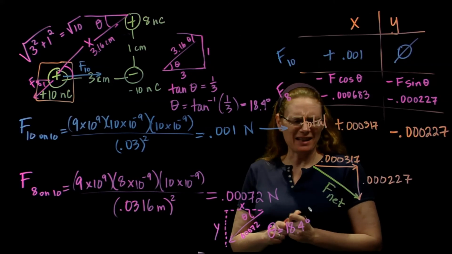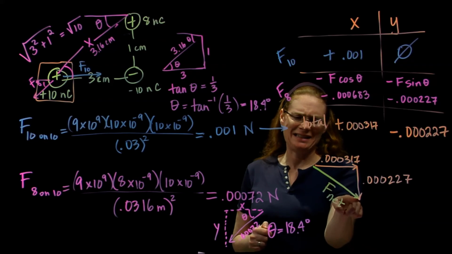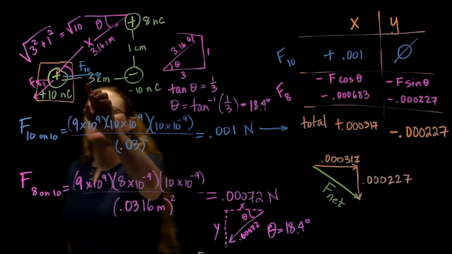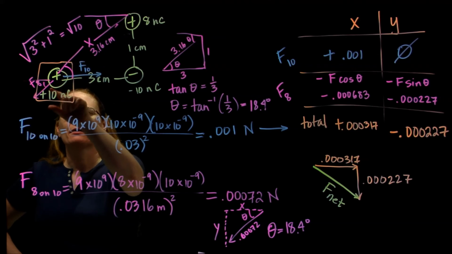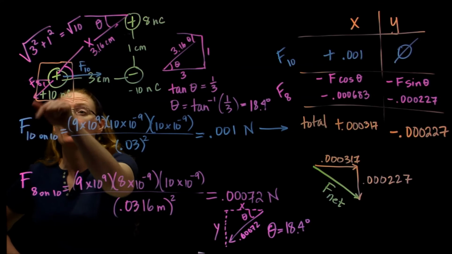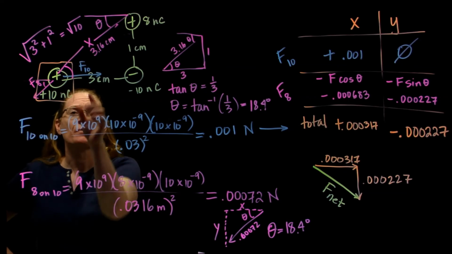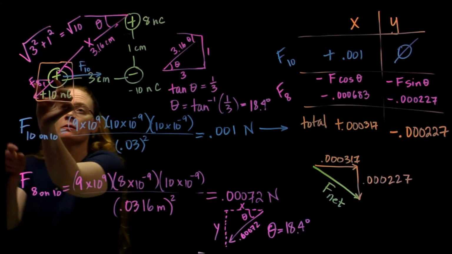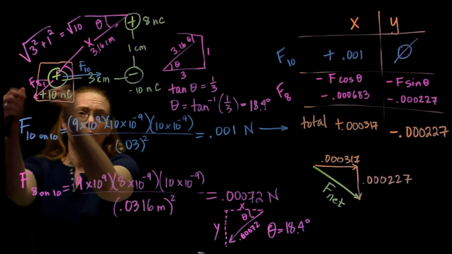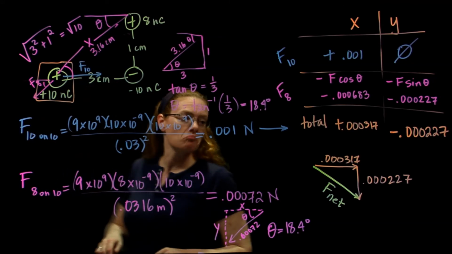Now, does it make sense that this is going to the right and down? Up, down I'll give you, because this doesn't do up or down, and this one goes down, so definitely down. This must have been way stronger than this one, because we not only balanced out that right hand, but we got a lot more going that way. So, yeah, it makes sense.